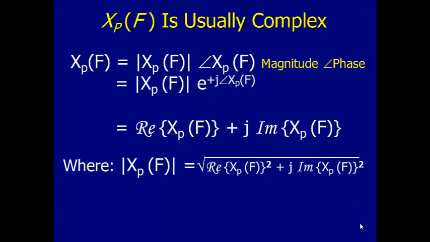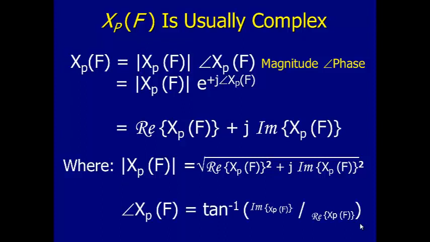If we want the magnitude, we take the square root of the sum of the squares of the real part squared, without the j, plus the imaginary part squared. So make sure you've got squares in your notes and no j in your notes. And obviously the angle is the inverse tangent of the imaginary part over the real part. So if we have this kind, we can get back to here.